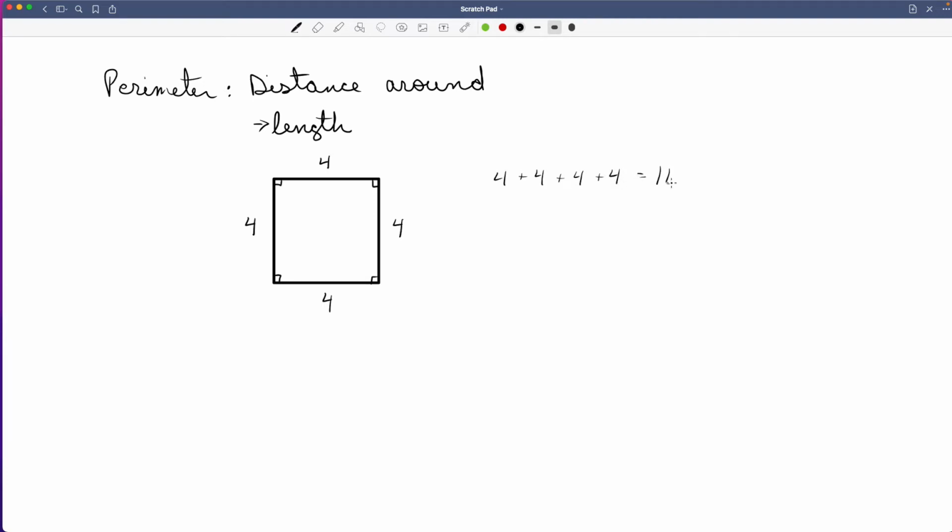So what if we have a more complicated shape? Let's try a more complicated shape, and let's see what we would have to do for that shape. So let me put one up here for us.